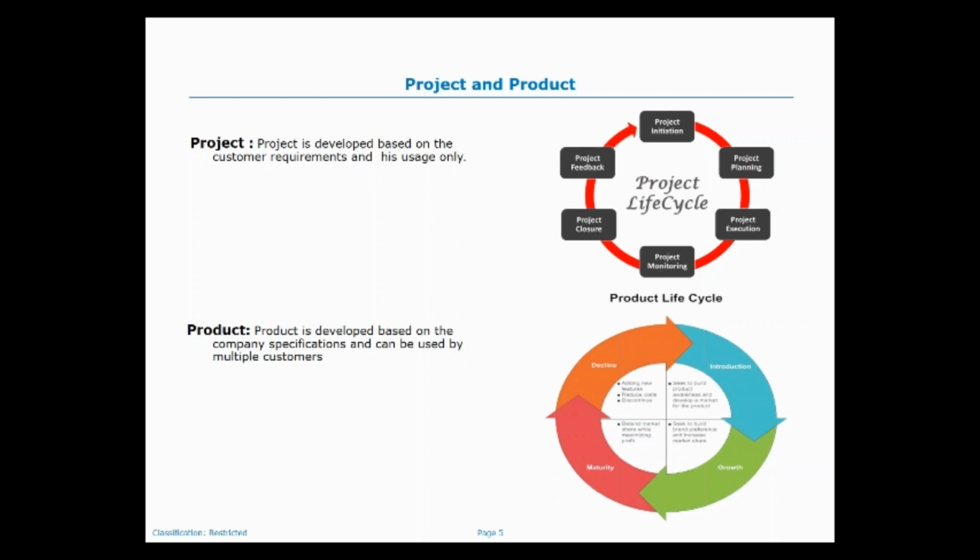Like developing software for Bank of America, Citibank, or some other bank. Okay, but a product is something which is generally developed in-house in the organization. So products are generally developed by the organization, where they will monitor different things.